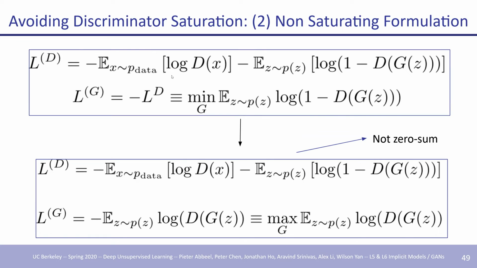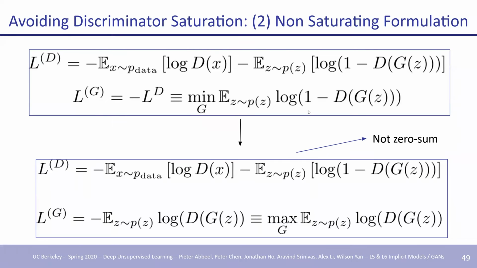So the idea is to change the game. The first part is the same, but in the second part, when you want to train the generator, instead of minimizing the log of 1 minus, we maximize the log of it.